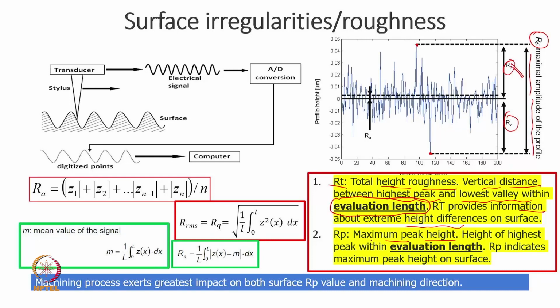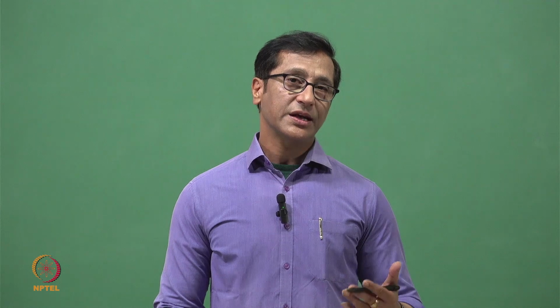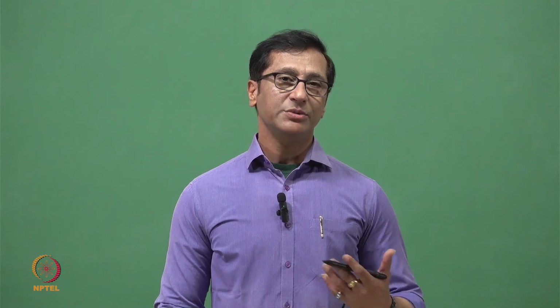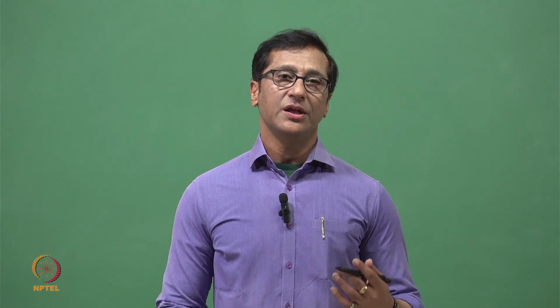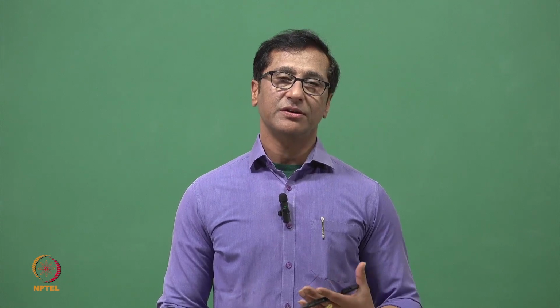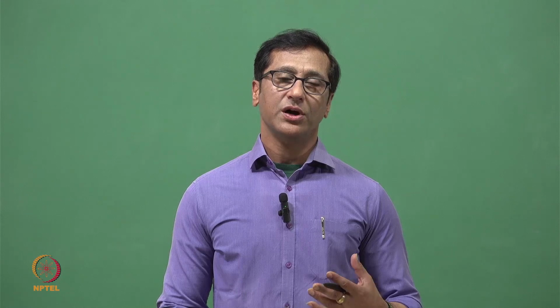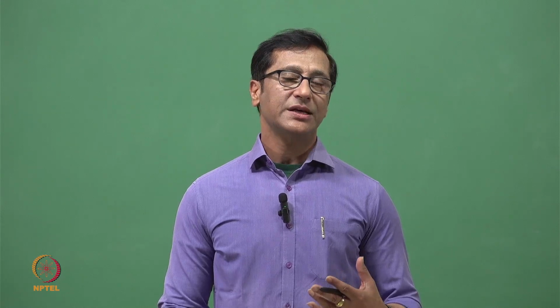Rp, as I already mentioned, is the maximum peak value, the highest peak. Again, we are talking about evaluation length. That will be described in the next slide, what is the difference between the evaluation length and the sampling length. The reason being, these are statistical tools or statistical measures. Whenever we talk about statistical values, naturally we need to talk about a sampling length. What is a sampling length?